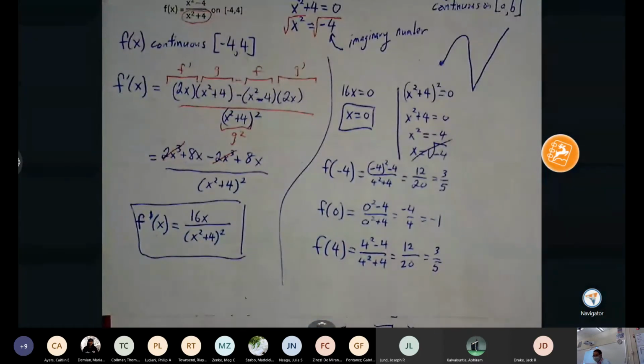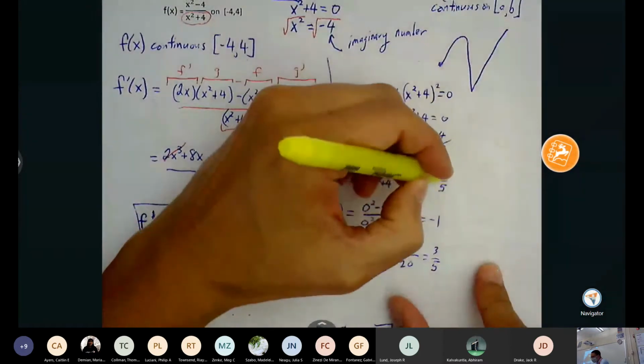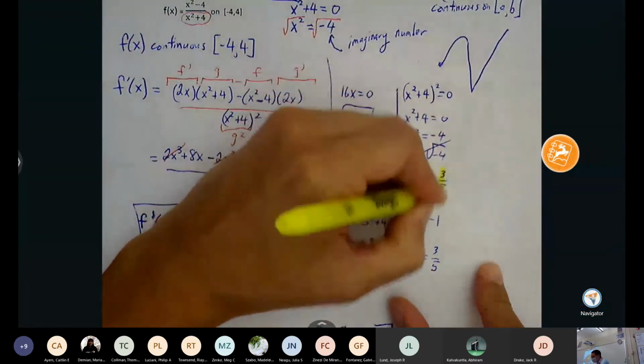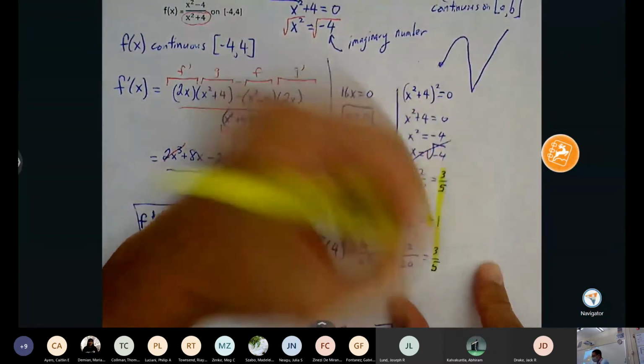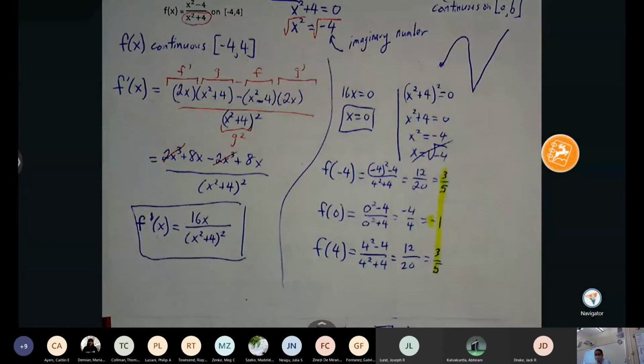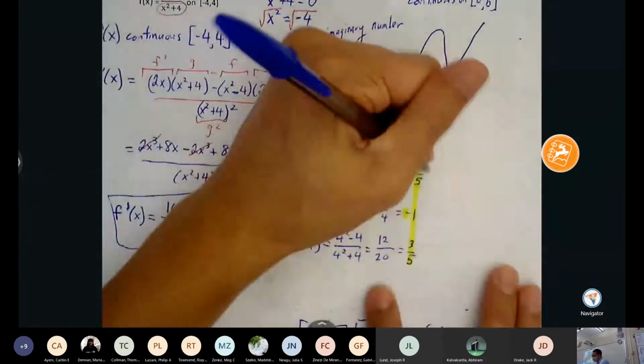So our decision is going to be based purely on these numbers here. So what's the highest number that we see? 3/5. So that's our absolute max.